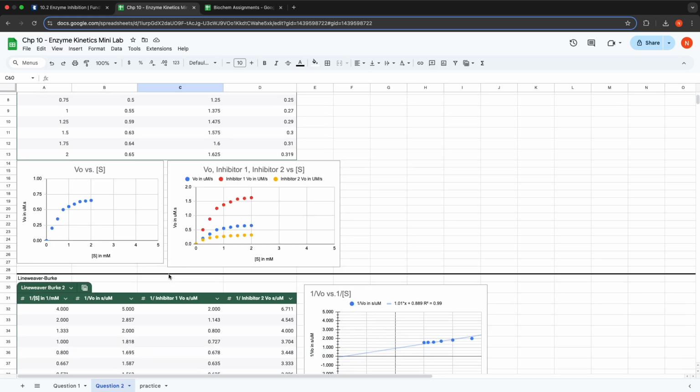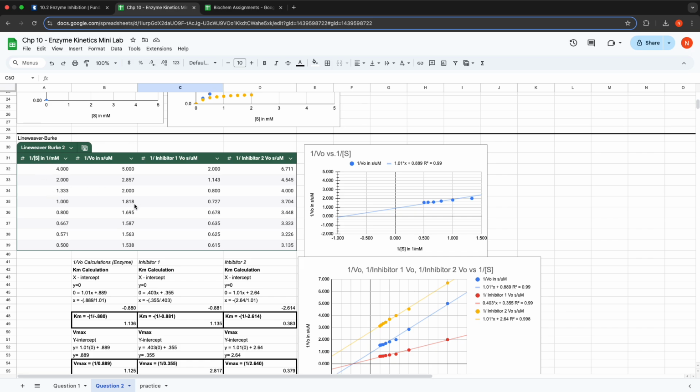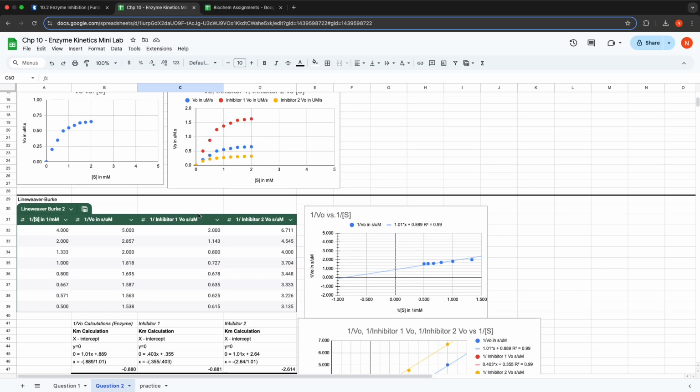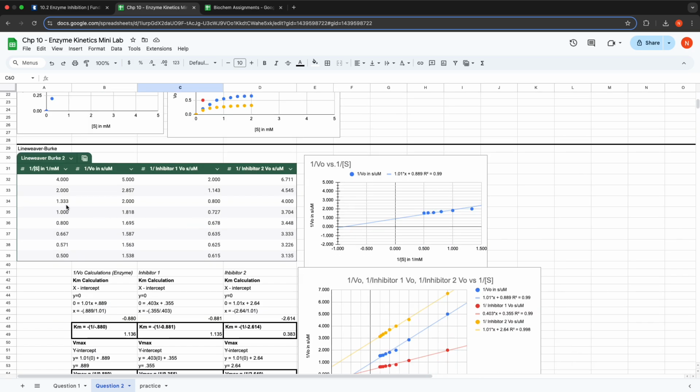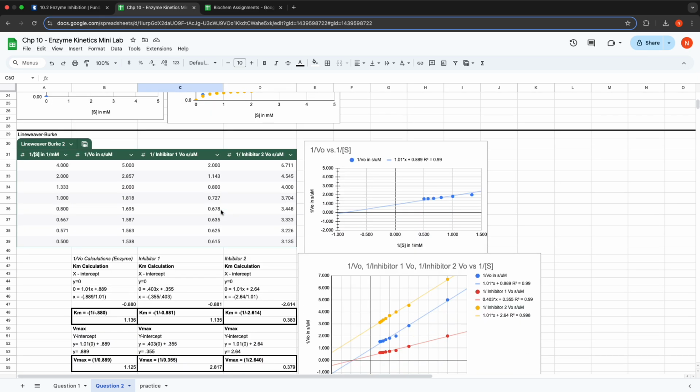The blue data points are the exact same that we see here. And then for our Lineweaver-Burk plot, same thing as we did in question 1, we take the reciprocal of each, and that's plotted here. All the way across the board, we take the reciprocal of the substrate of the enzyme and of each inhibitor, those data points here up top.